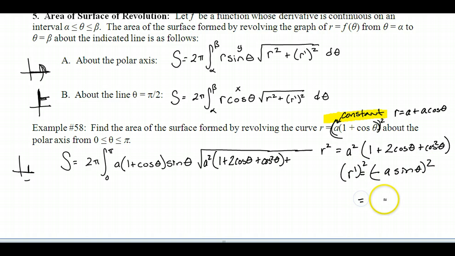So our derivative squared is a squared sine squared theta. So when I put it into the equation, instead of putting a squared plus sine squared theta, I know I can factor out the a squared with that one and add the sine squared theta. And there's our differential theta then. So just like our last problem that we had.